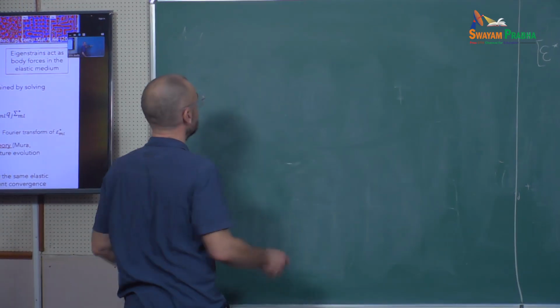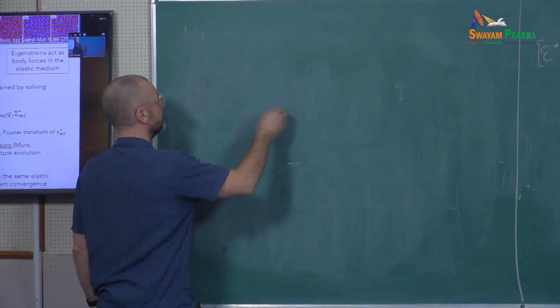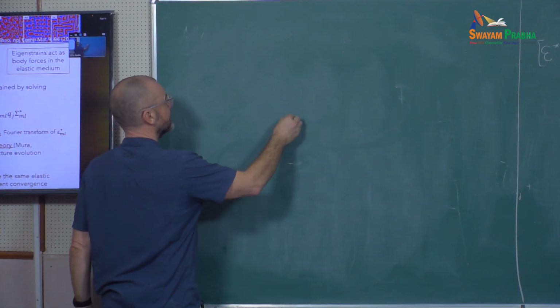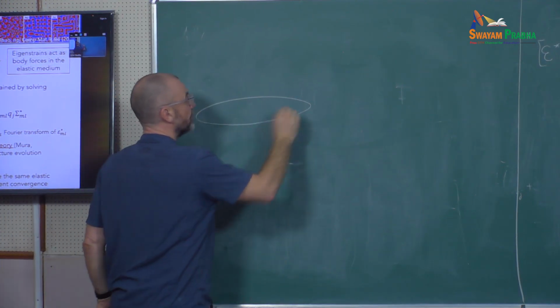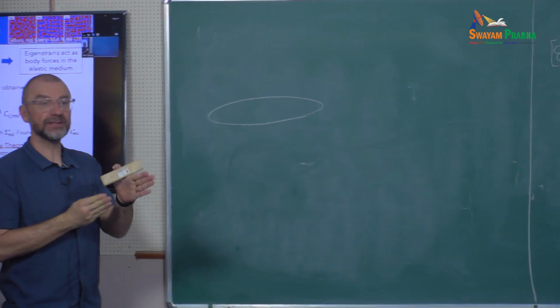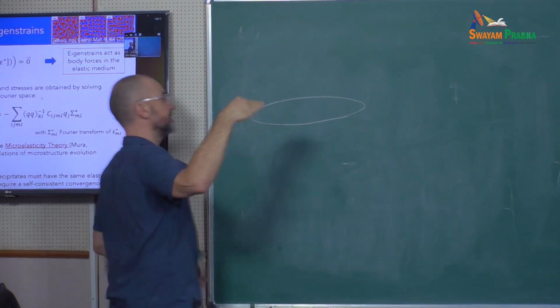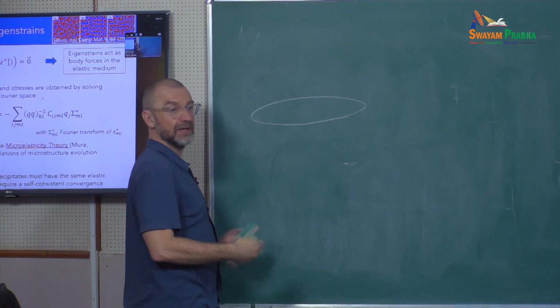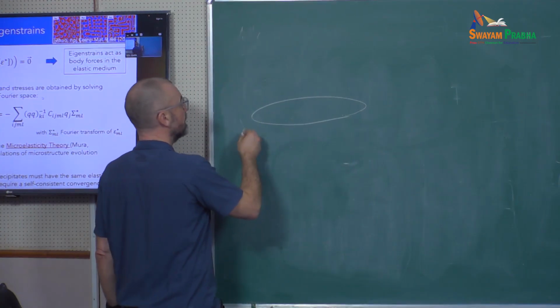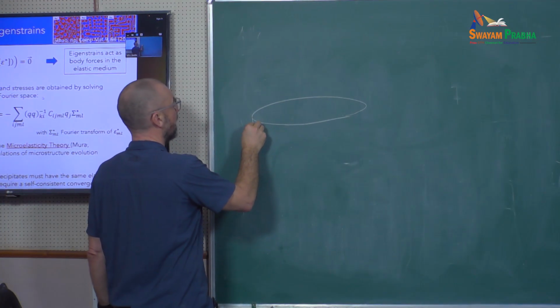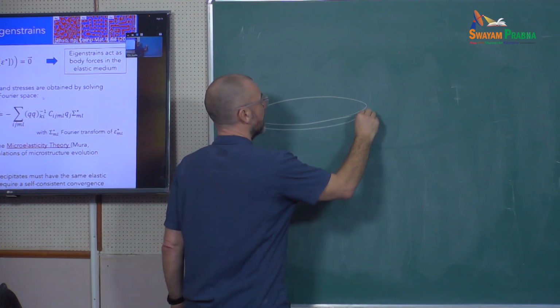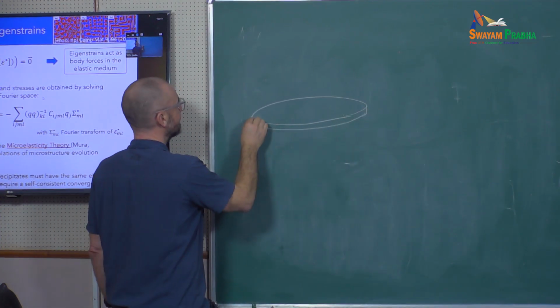So what did we say yesterday? We said that a dislocation is the border of a slipped region, right? So this is seen in perspective. To form a dislocation, what do I do? For example, in a crystal, I have a platelet.